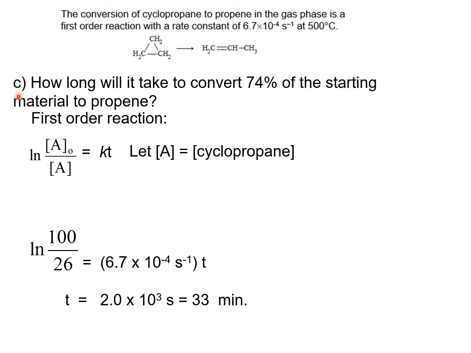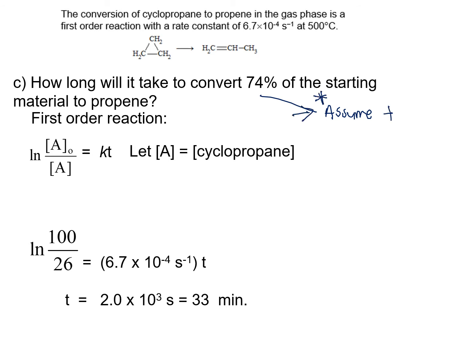Okay guys, lastly the question asks, how long will it take to convert 74% of the starting material to propane? We know that for a first order reaction, this is the integrated rate law. Now if it is given in percentage, how do you do it? What you need to do is assume. Write this down.